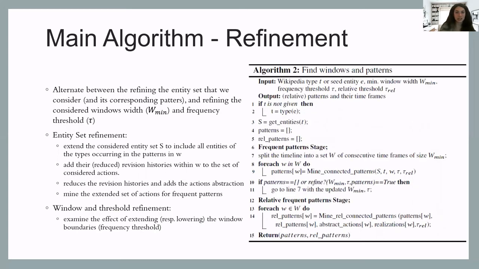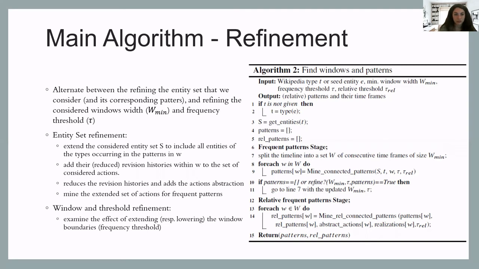The second stage is the refinement stage. We alternate between refining the entity sets that we consider and refining the considered window width and the frequency threshold. We extend the considered entity set to include all entities of the types occurring in patterns in our time window.